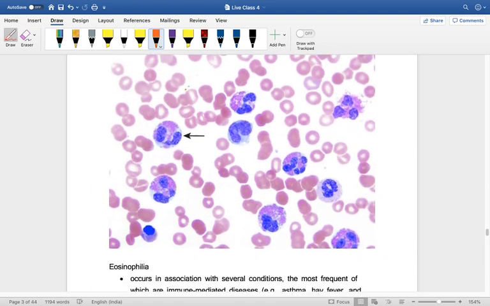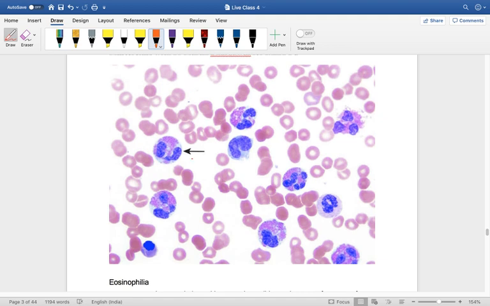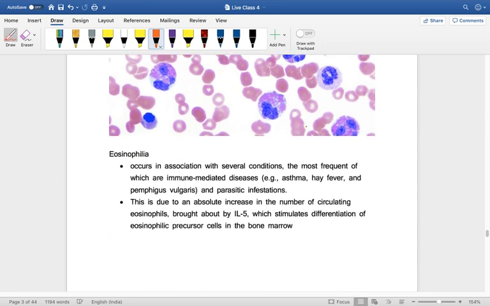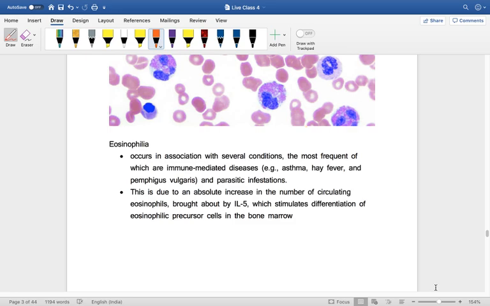Now tell me, doctor, what type of cells are these? These are eosinophils. They are significantly increased in number. That means we are talking about eosinophilia.